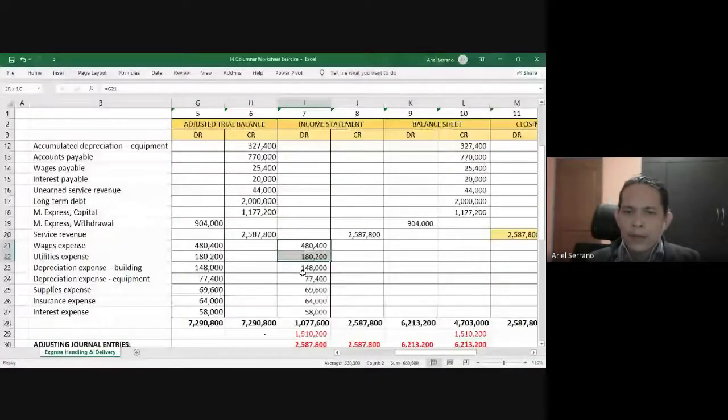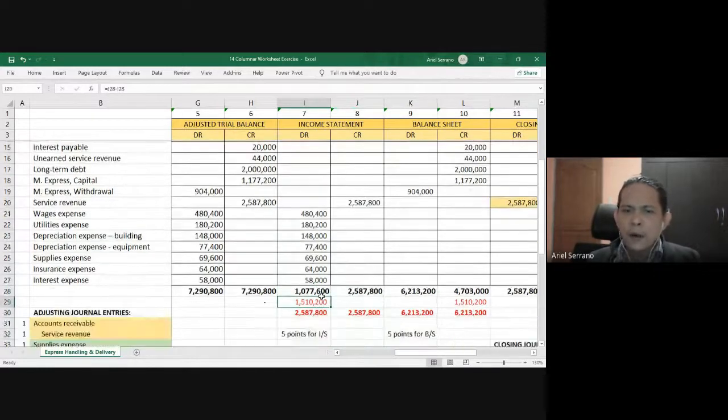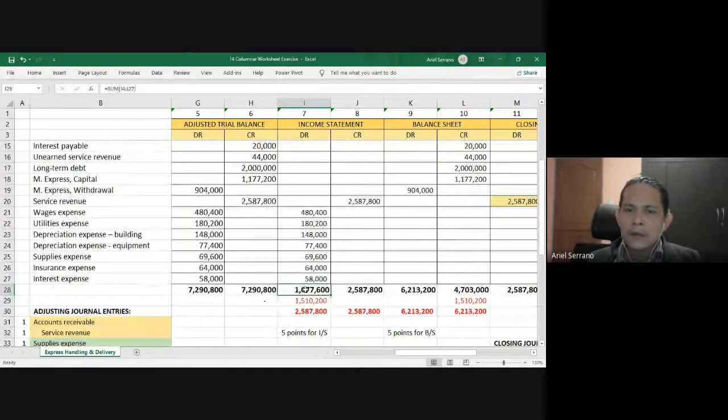When I add them all together, the amount will be 1,077,600. What's the difference? The difference is 1,510,200. Okay? For that portion, you have to place the amount, the difference, on the column of the smaller total. If I have 2.5 here and I have 1 million here, I have to place the difference below the 1 million because this is the smaller amount when comparing the total debits and the total credits.